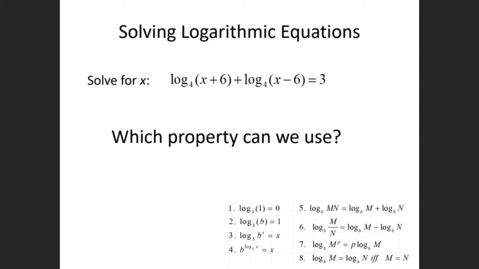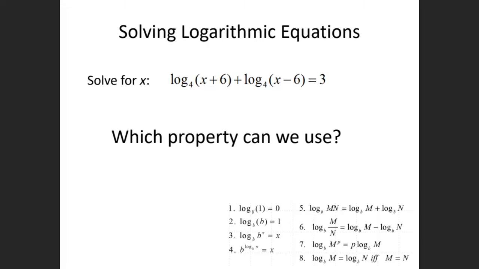I don't have the work here for us, but the way I would do this one, let me pull out my pen really quick. You see here I have two logs that have the same base and they're being added.